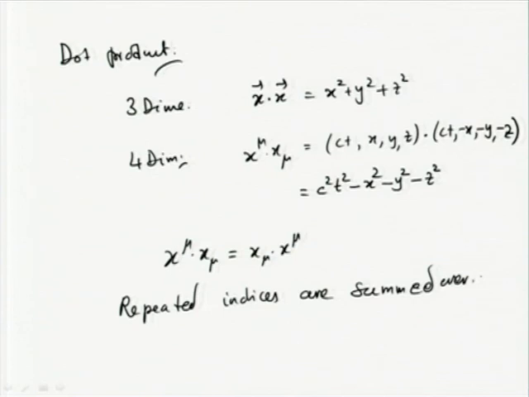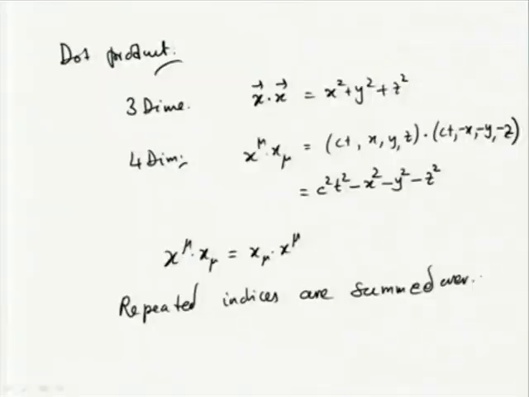This x mu x mu equal to c square t square minus x square minus y square minus z square is one main thing that we have to keep in special theory of relativity. This is basically an invariant quantity when we change from one frame to another.